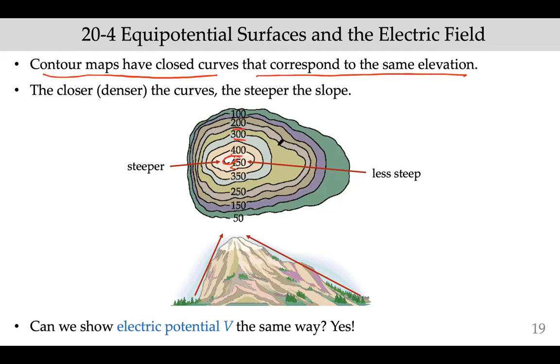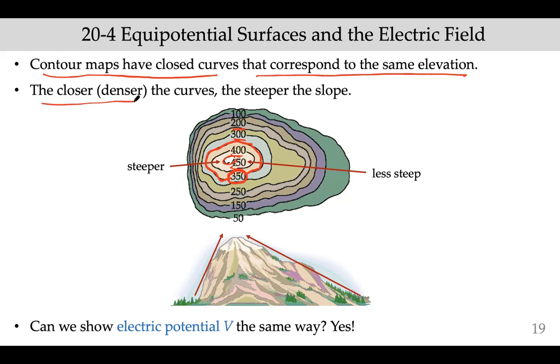But for a given curve, let's choose this curve, all points on this curve have the same elevation, which is 350. So the points on each curve correspond to the same elevation.